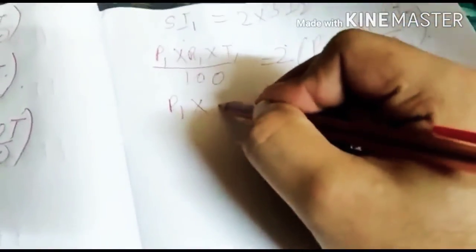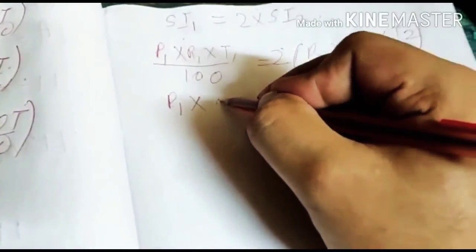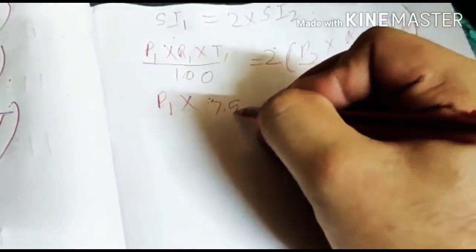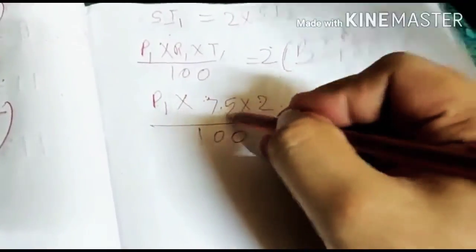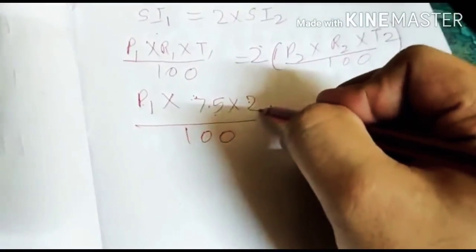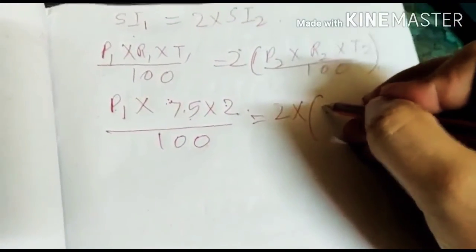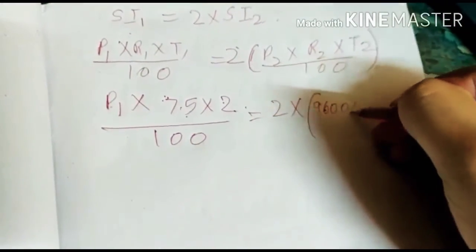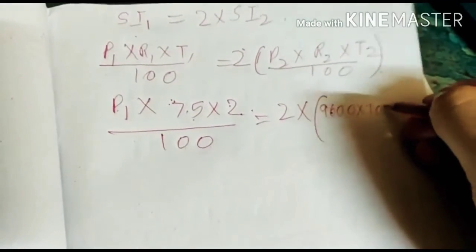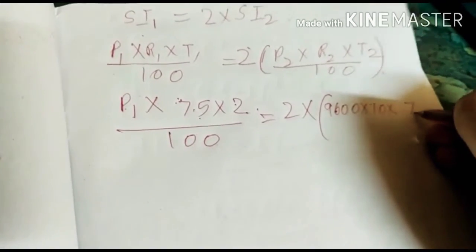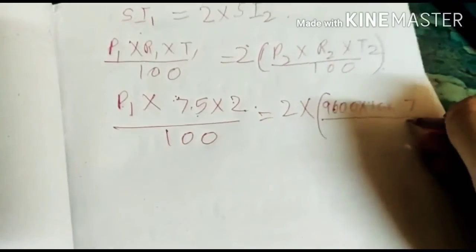So here P1 was unknown, into R1 was 7.5%, time was 2 years, upon 100. Always remember, rate is kept in per annum and time in years. 2 into, in brackets, P2 is 9600 into rate here is 10%, time here is 7 upon 2.